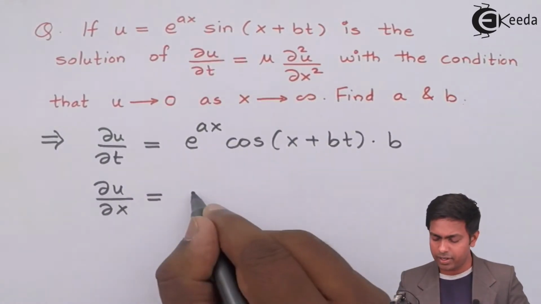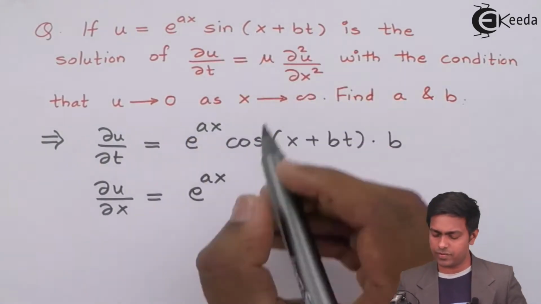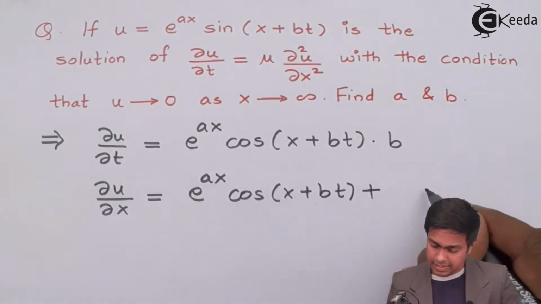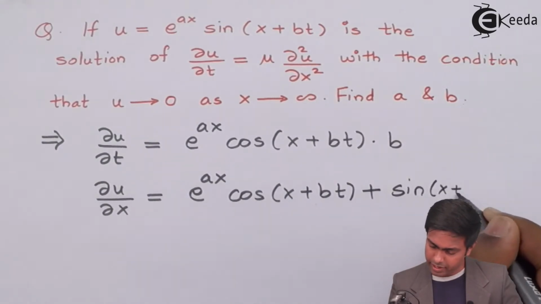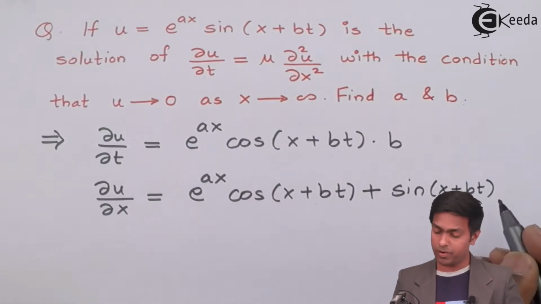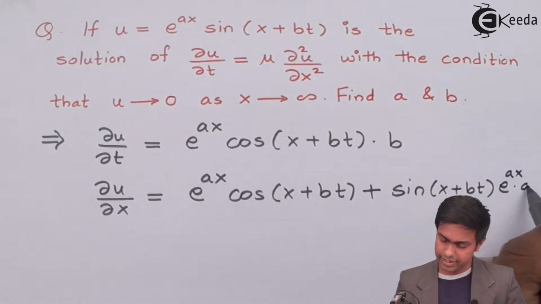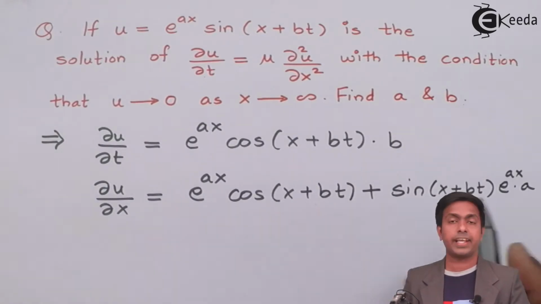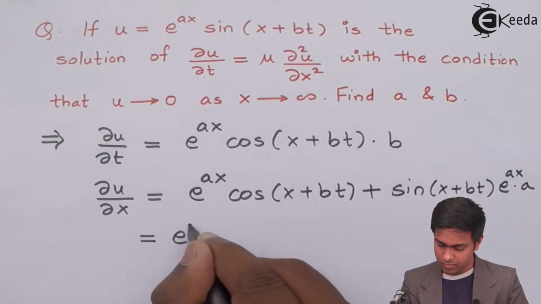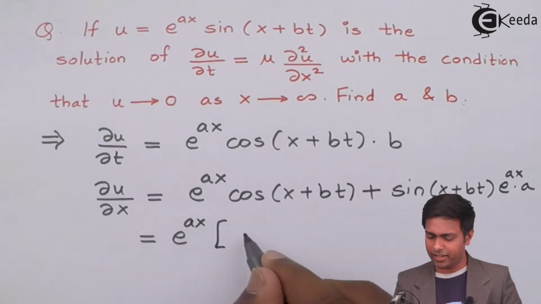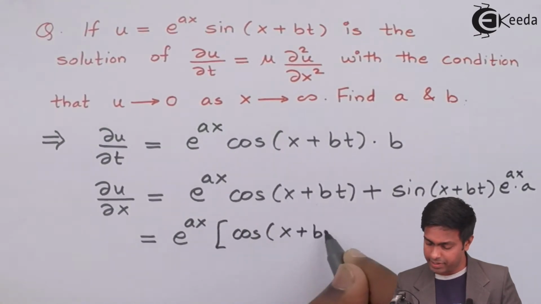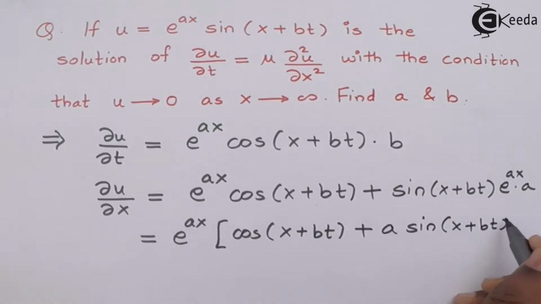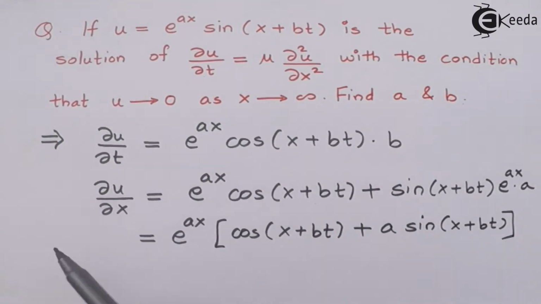By using that rule we will get e to the power ax as it is, and the derivative of this function is cos of (x plus bt), plus this sine of (x plus bt) will remain as it is, and the derivative of e to the power ax is e to the power ax into a. Now here I can take e to the power ax common, and in the bracket we will get cos of (x plus bt) plus a into sine of (x plus bt). Now this is the value of del u by del x.